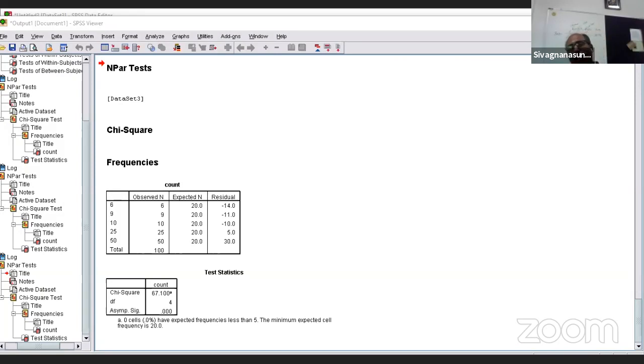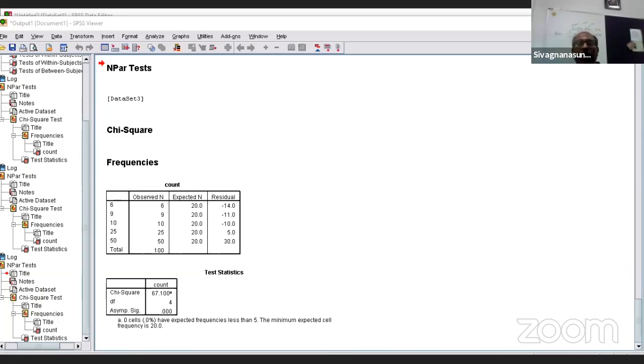This is a question to everyone. Here, I am expecting the number of students getting A grade to be 20, B is 20 students, C is 20, D is 20, F also 20. But when I take a sample and observe one class, the number of students I have given A is 6, B is 25, C is 50, D is 10, and F is 9.